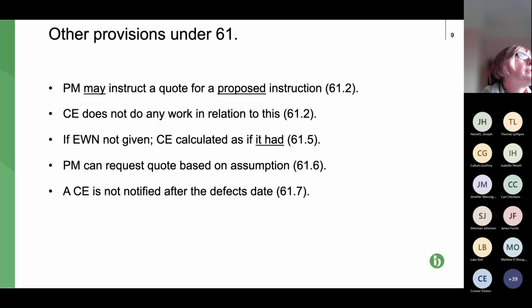So this might be in circumstances where the employer or client might be thinking of asking for some additional work, but they want to gauge what the cost will be before they actually instruct it. So as a contractor or subcontractor, if you're in any doubt whether it's a proposed instruction or an instruction, just go back to the PM and ask for clarification.